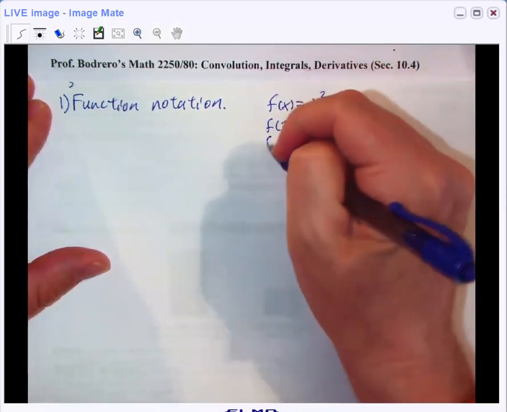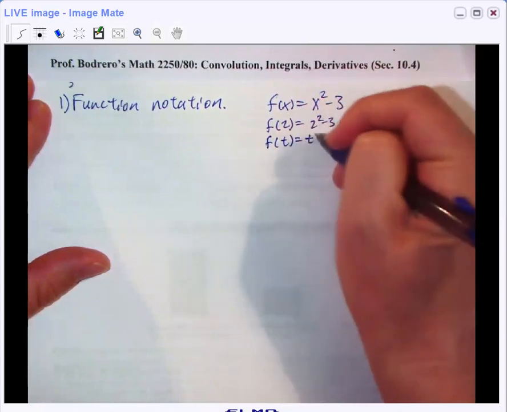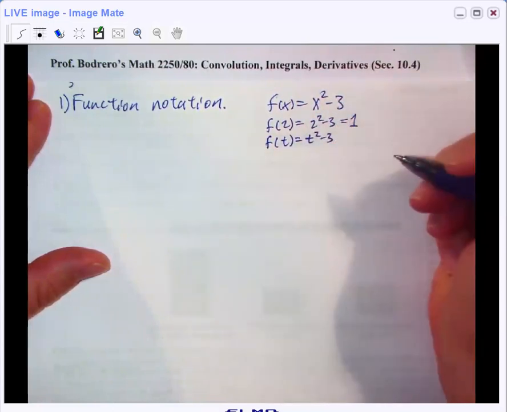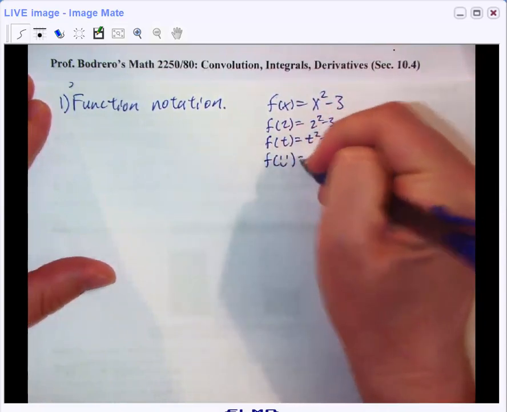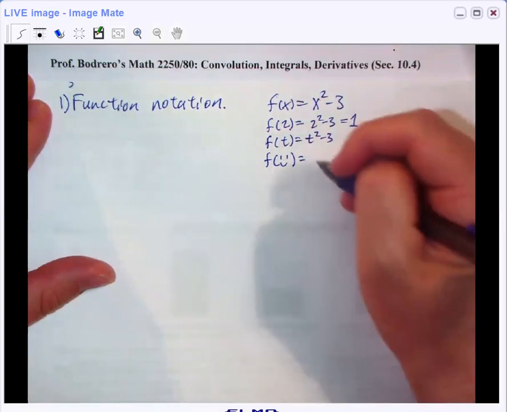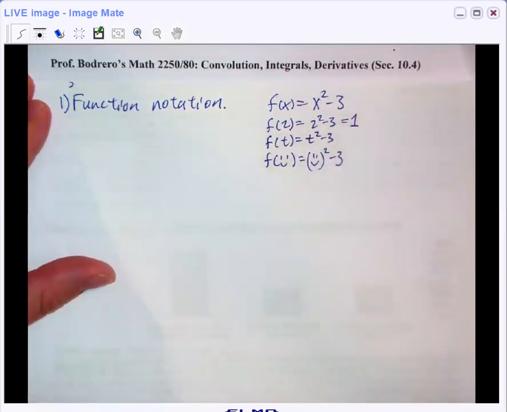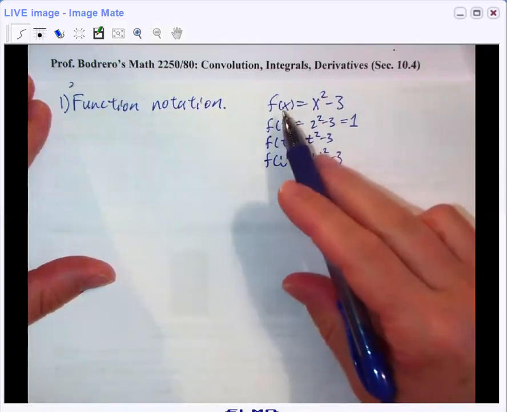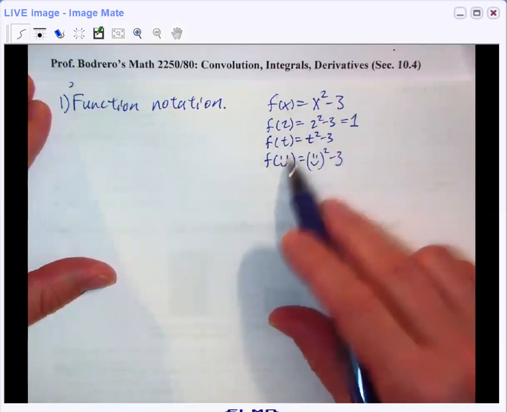If I put in f of t, I would get t squared minus 3. And if I even put in something like f of happy face, I would get happy face squared minus 3. So whatever I put in place of the argument, the input, it tells me what to do right here.